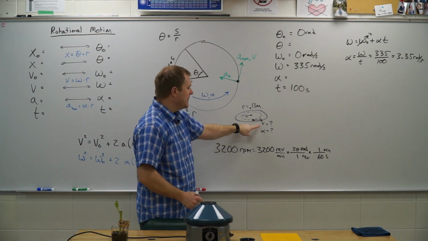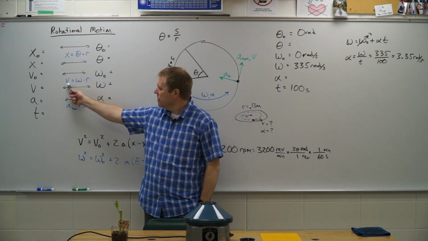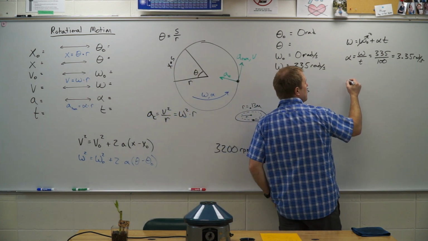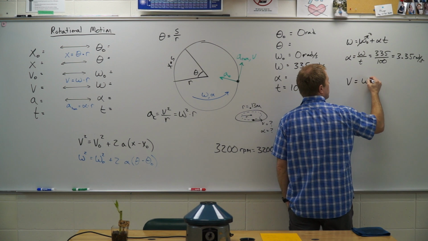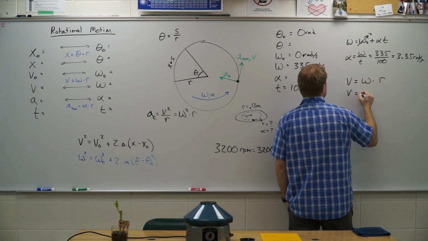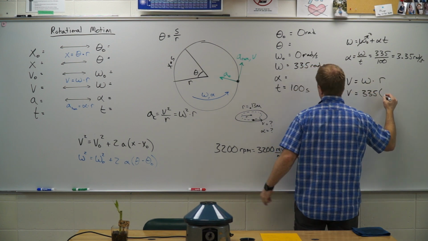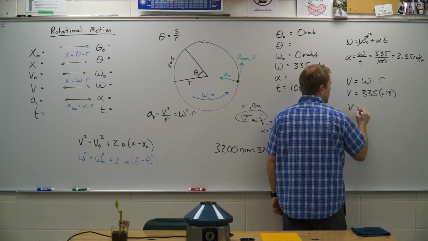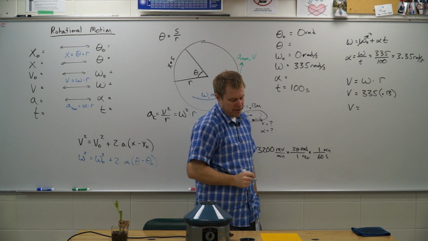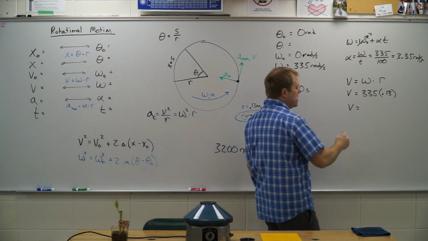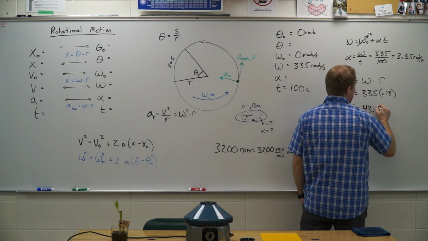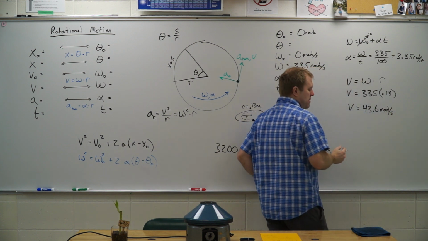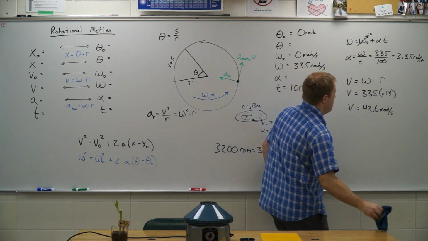Now to figure out the linear speed, so I'm trying to find the linear speed, I need to know the omega and the r. Okay, so I just found the omega a second ago, so v is equal to omega times r. So v is going to be that 335 times that radius of 0.13. And so when I typed that on my calculator, I ended up with a speed of 43.6 meters per second.